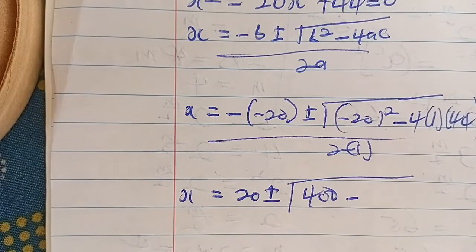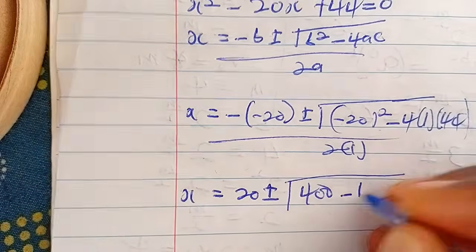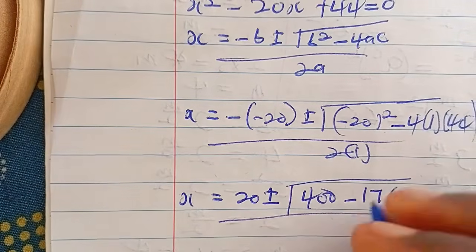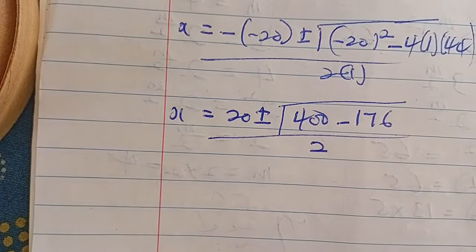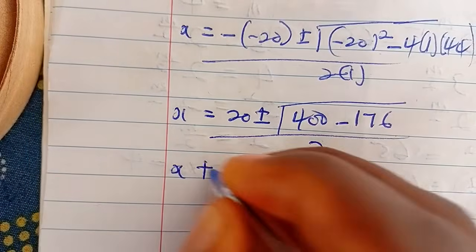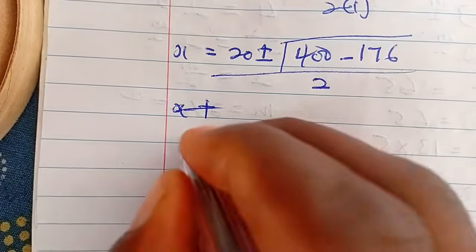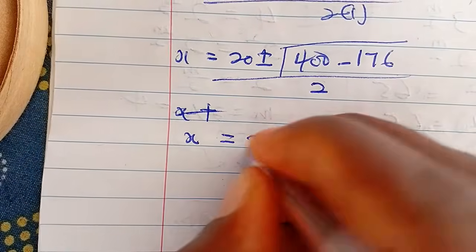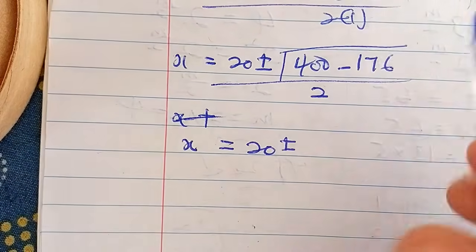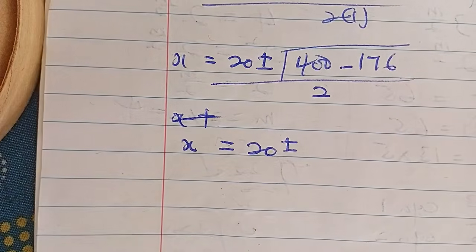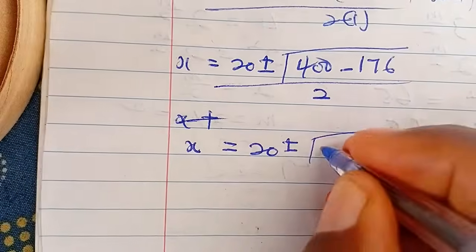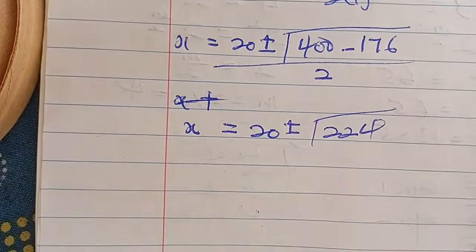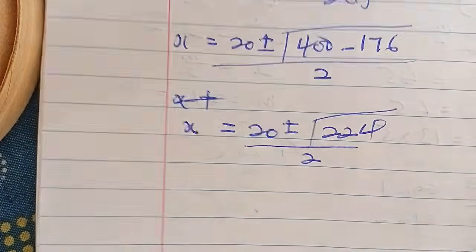So 4 by 44 gives us 176, all over 2 by 1, which is 2. Now we are going to have x equal to 20 plus or minus the square root of, let's do the subtraction, 400 minus 176, and that gives us 224, all over 2.